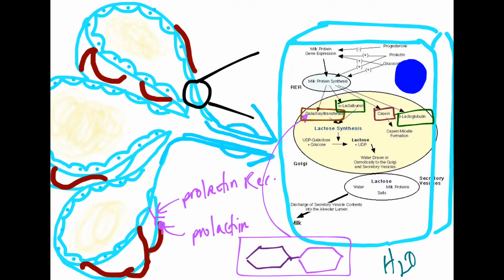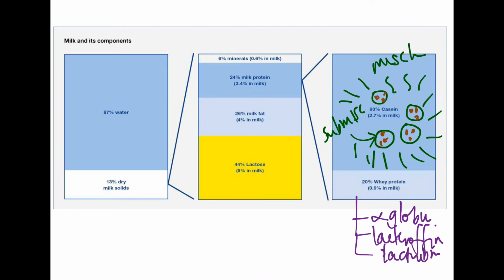This lactose would drag water inside the cell, increasing the volume. This is why breast milk is made up of 80% water and 13% actual milk. Like I said, the milk is made up of 26% fat, 24% milk proteins, which are the two types of proteins we discussed, and 44% lactose, which is the carbohydrate that the baby actually gets its energy from.